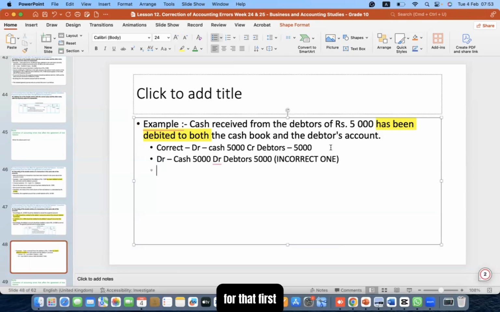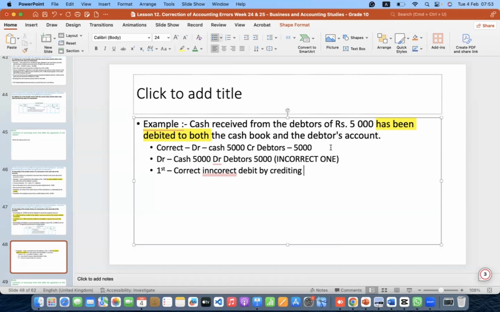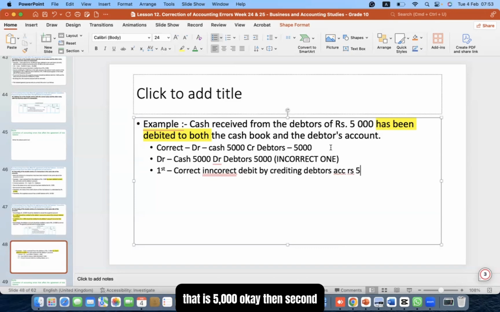For that, first we have to correct the incorrect debit by crediting the debtors account rupees 5,000.